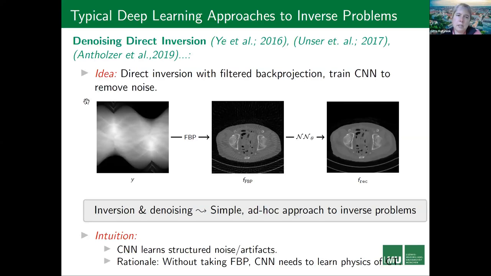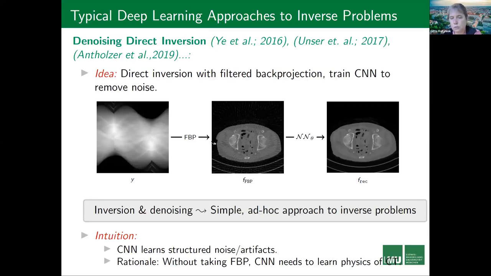The idea here is quite simple. First you reconstruct. This is my sinogram. This is a traditional reconstruction, the so-called filtered back projection. Then, since you have some artifacts in here, you use a neural network to remove the noise, to improve the image. So here the neural network is used for denoising in a certain sense. The neural network doesn't need to learn the physics of the problem or anything.